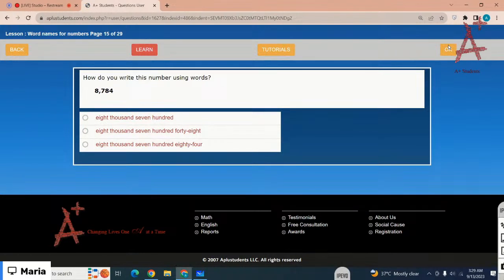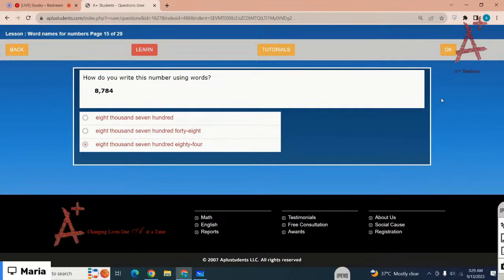Okay, how do you write this number using words? 8,784. How do you write it in words form? That is 8,784. So the last one is the correct option, right?